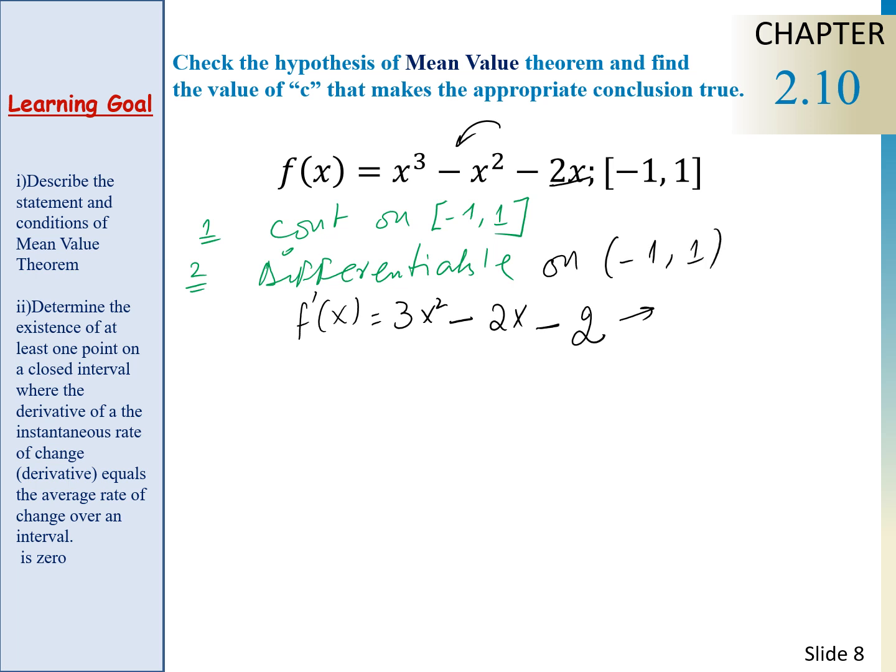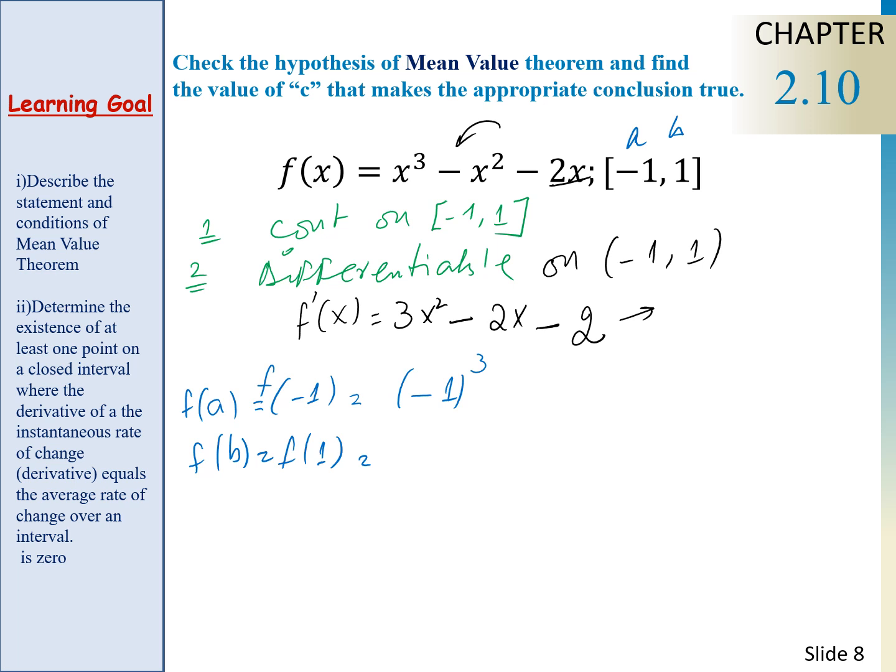Now that's all. Now only try to find f of a and f of b to substitute all the values in the mean value theorem. So a is -1, b is 1. So find f of -1, and also find f of 1. Substitute the -1 in the original question.